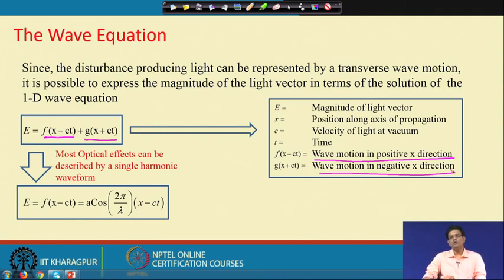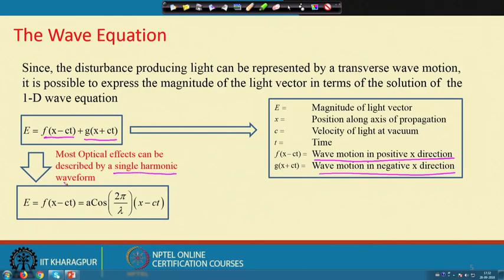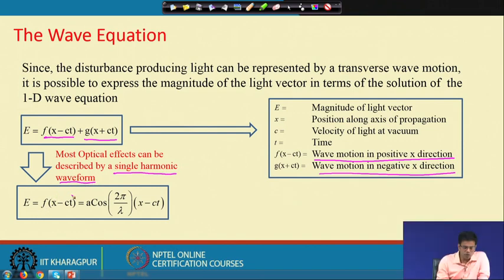Now, most of the optical effects we will be discussing here can be approximated by a single harmonic waveform. That means with forward propagation only, I can express it with a harmonic function.